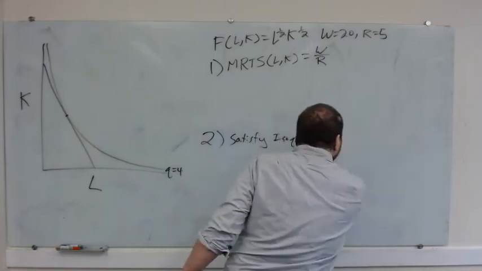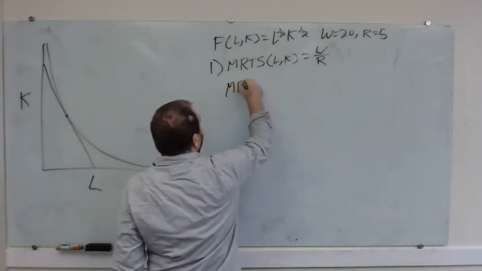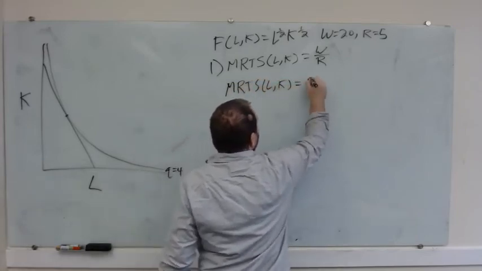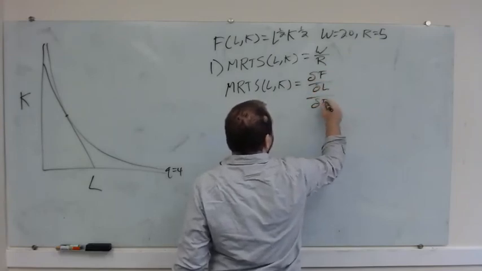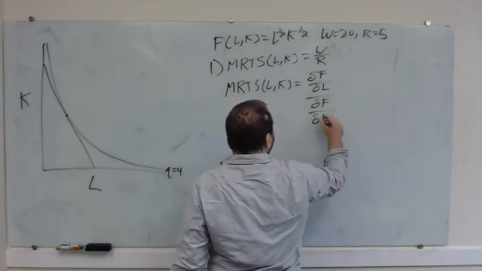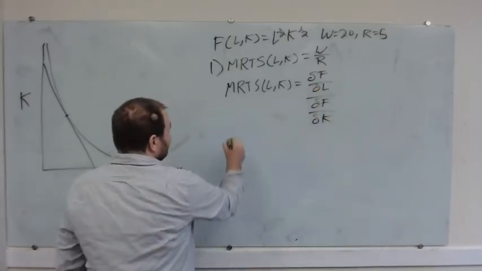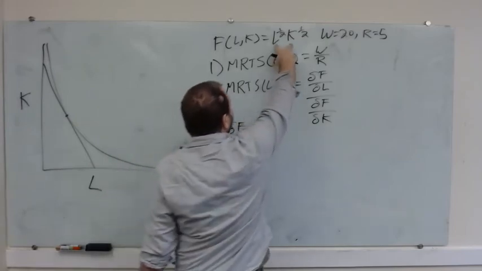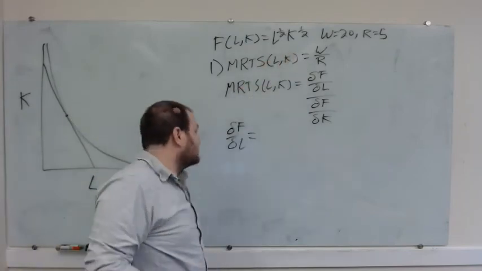So our MRTS is going to be dF/dL over dF/dK. So we just need these 2 partial derivatives, then we're good. So dF/dL is going to be the derivative of L to the 1/2 times K to the 1/2 with respect to L, treating K as a constant.